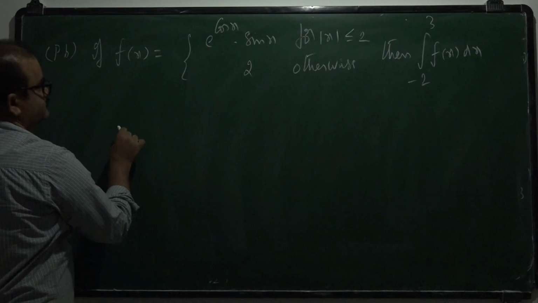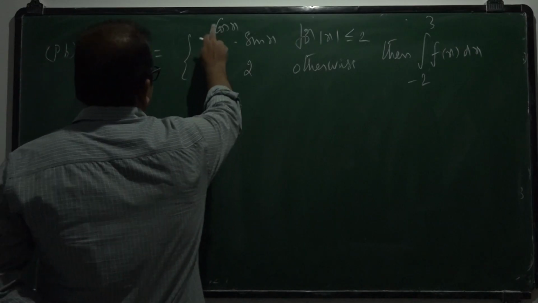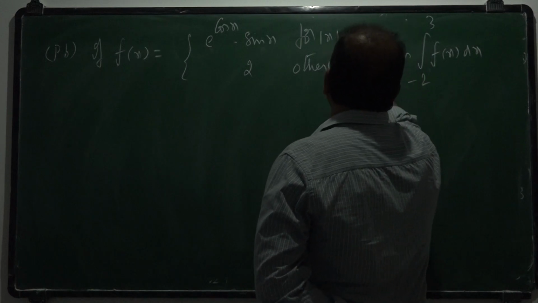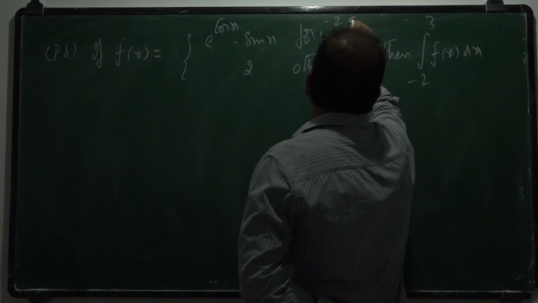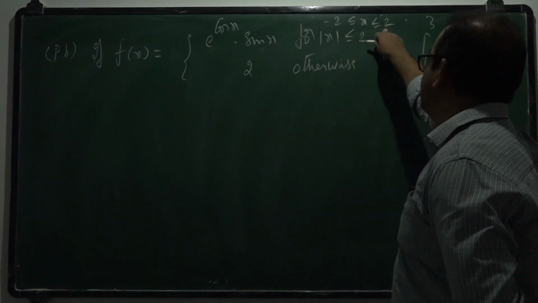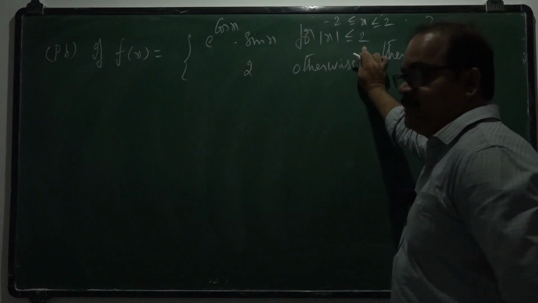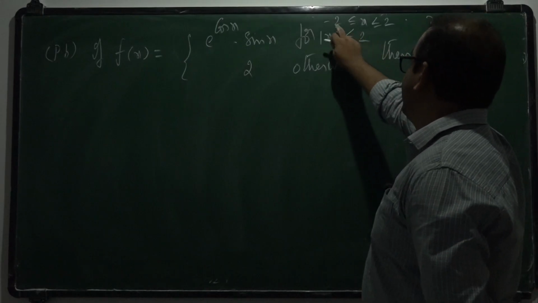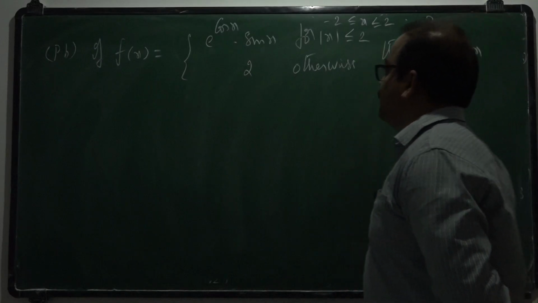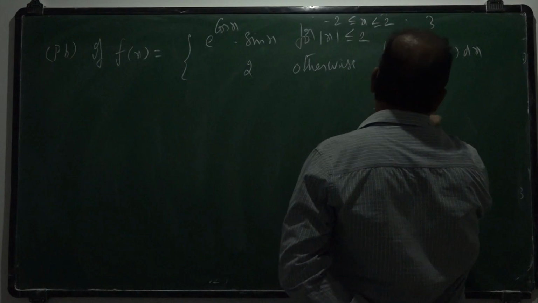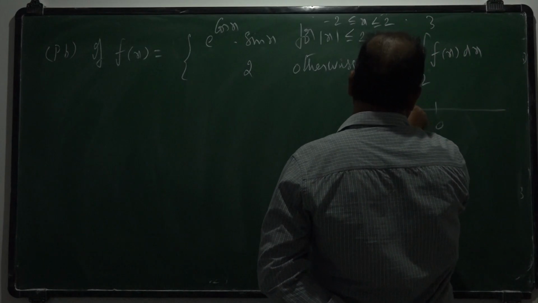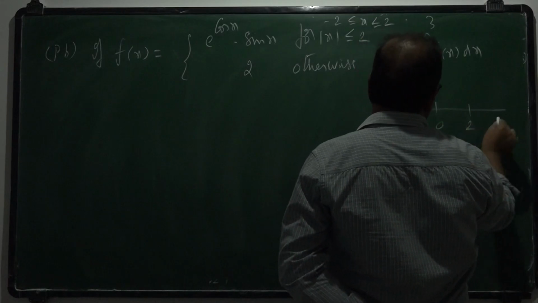See here, f of x is e power cos x into sin x for mod x less than or equal to 2. Mod x less than or equal to 2 means minus 2 less than or equal to x less than or equal to 2. Now take the real line: 0, minus 2, plus 2, 3.